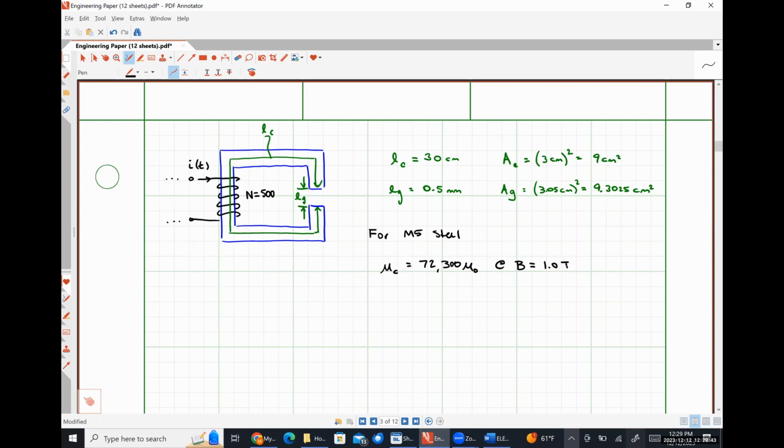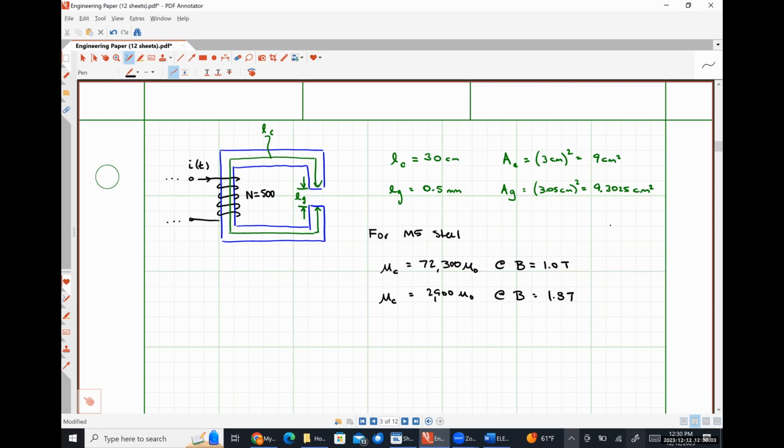So this would be somewhere in the linear range of the BH curve. And then our core permeability is 2,900 mu naught at a magnetic flux density of 1.8 Tesla.